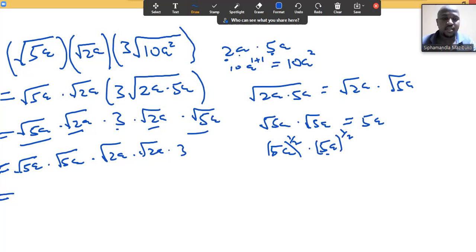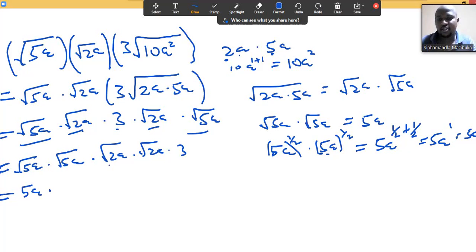The bases are the same, so we add the exponents. This gives us 5a to the power half plus half, which is 5a to the power 1, which is 5a.